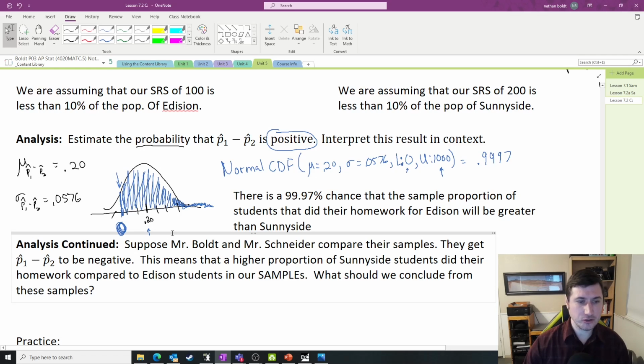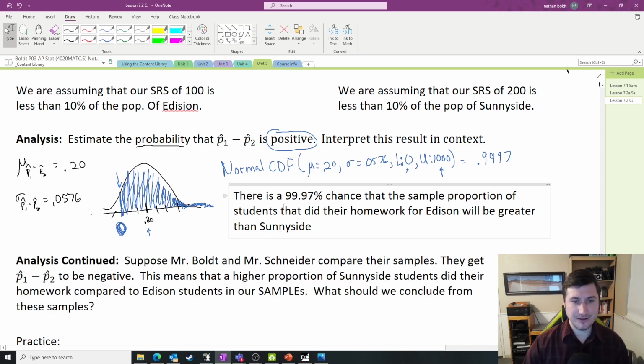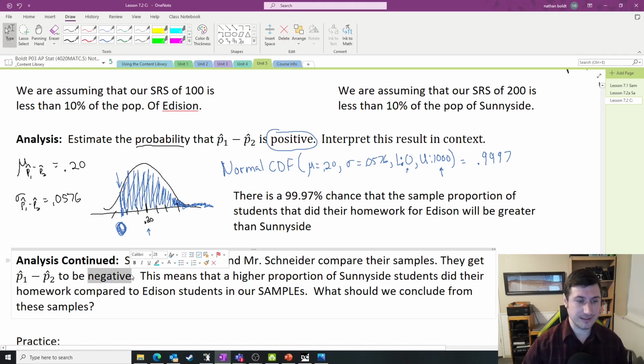The sentence that I just wrote said, wait a minute, there's a 99.97% chance that Edison's will be greater than Sunnyside, based off of all our calculations. The chances of this result actually being negative, that Sunnyside was actually bigger than Edison in the sample, was next to impossible, based on our calculations. So if our actual observation is that Sunnyside was greater than Edison, well, we've got to rethink all our calculations.